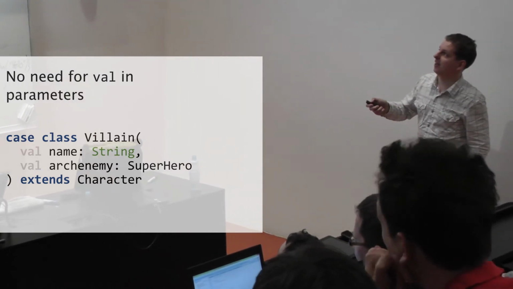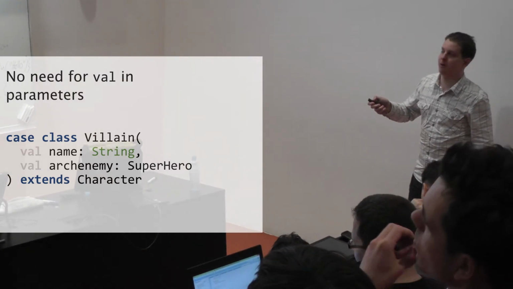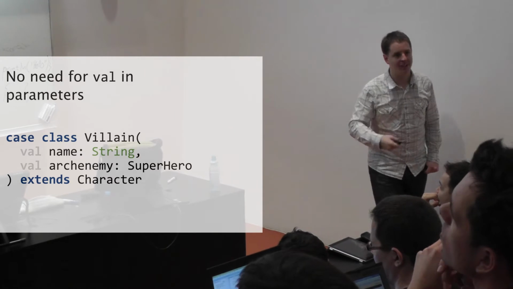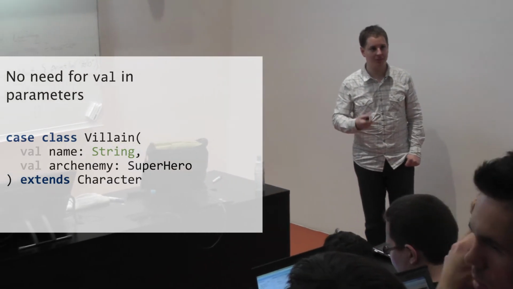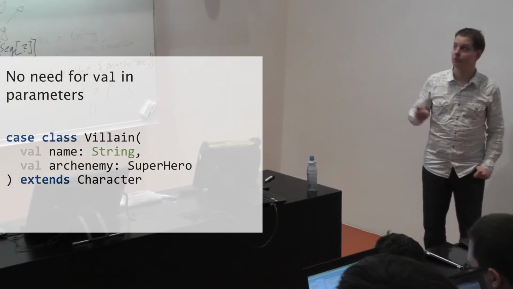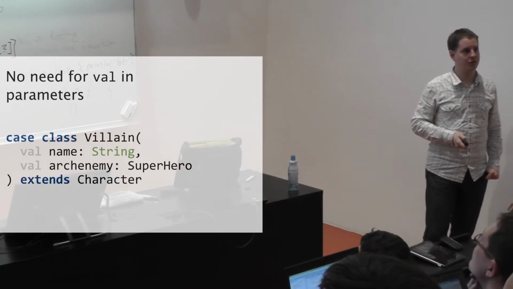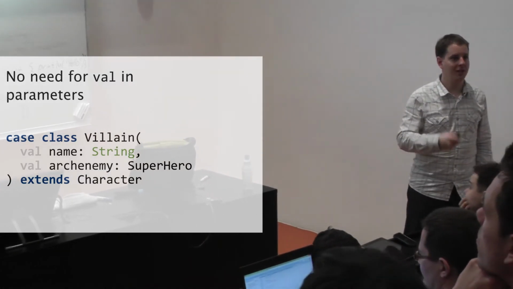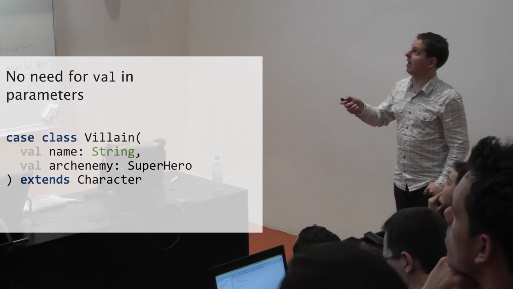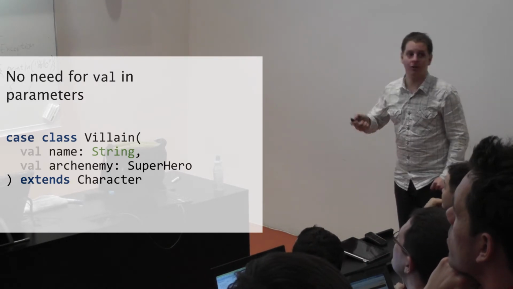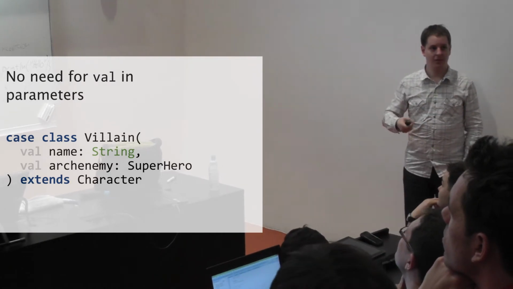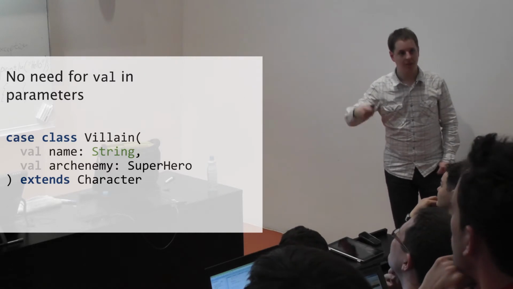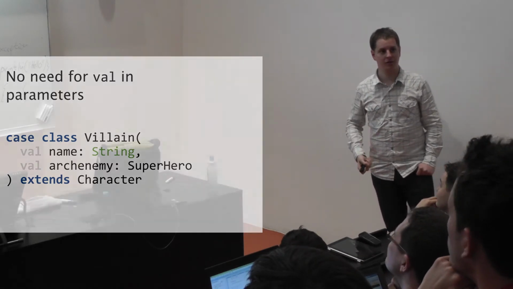And if you put a val in front of the parameter, it will also create a field, an immutable field, something like final. So with just 3 letters, 4 keystrokes, including the space, you get another field. And the value of this parameter is put into the field during creation.